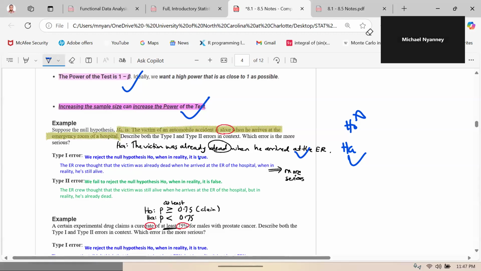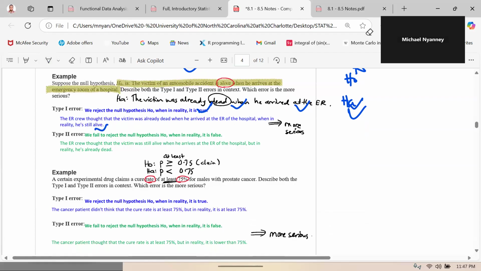How do you write the statement? The ER doctor thought that the victim was already what? Dead. So you're going for HA, when he arrived at the ER of the hospital, when in reality he is still alive. So this is our H naught, and we assume that it is true. This is a more serious error.